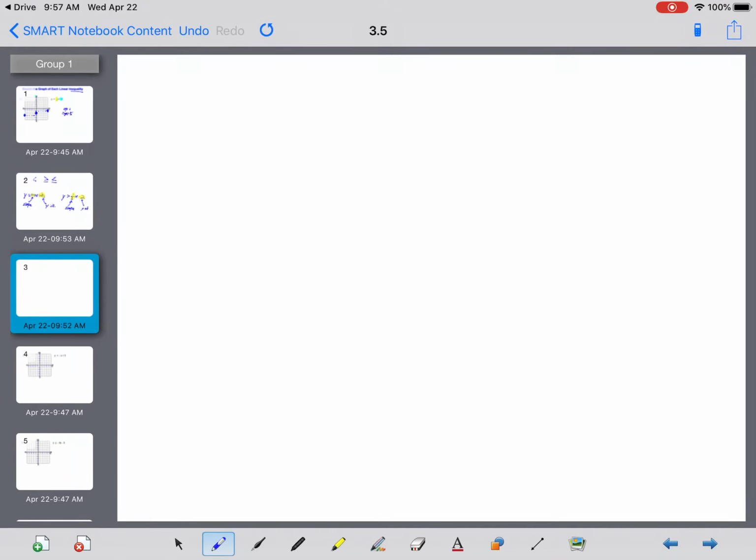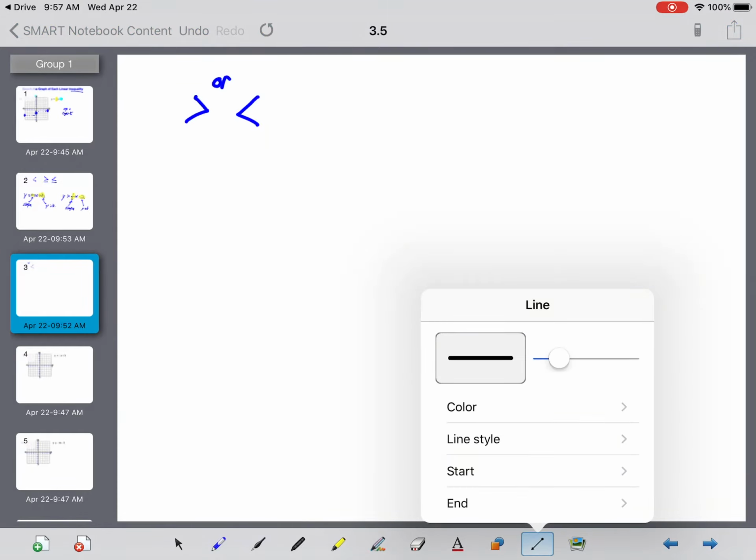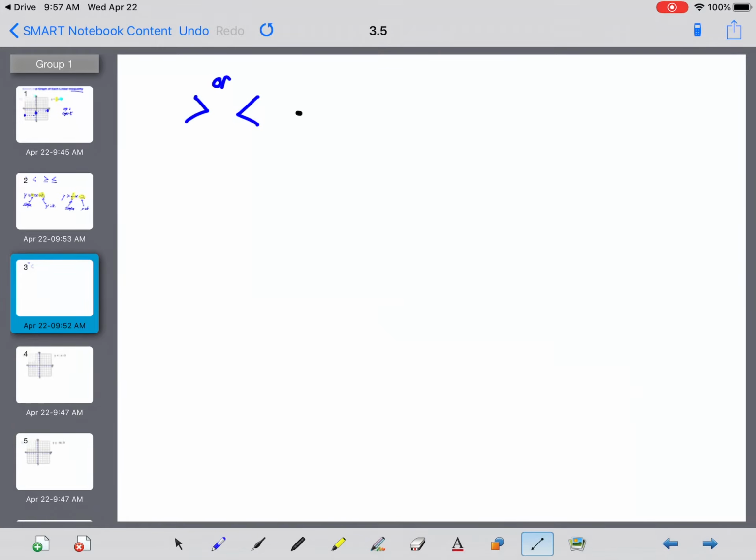So again, if you can find some space to put this on your worksheet or on a separate sheet of paper, if we use the greater than or the less than symbol, we are going to connect our points not with a solid line, but with a dashed line.